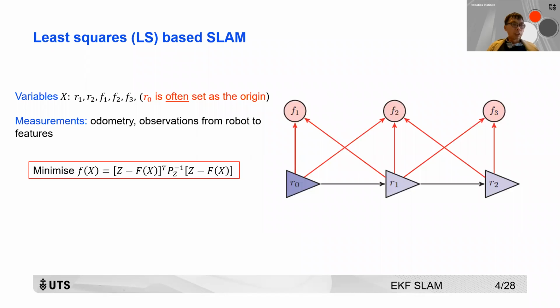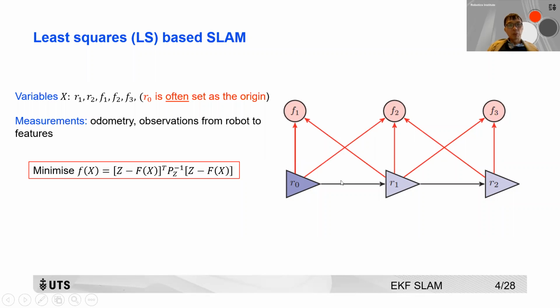After the last few weeks, I think most of you are familiar with least square based SLAM. So let's look at this scenario. The robot starts from pose 0 and observes feature 1, feature 2, moves to pose 1, observes features 1, 2, 3, and then moves to pose 2 and observes feature 2 and feature 3.